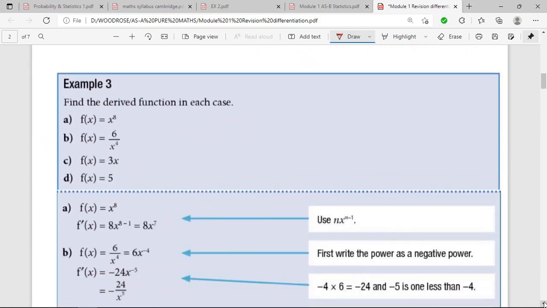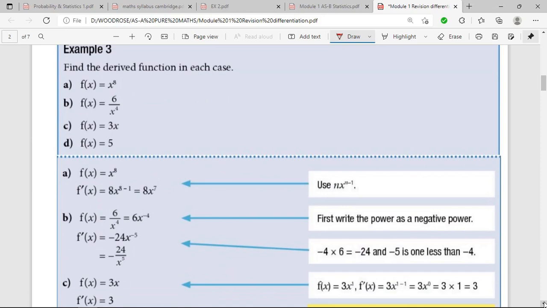So here we have example number 3, from a to b. Our function, this is y. We want to find the derivative of the function, either dy dx or f prime of x. In this case, your function is this one, and for f prime we use the formula.